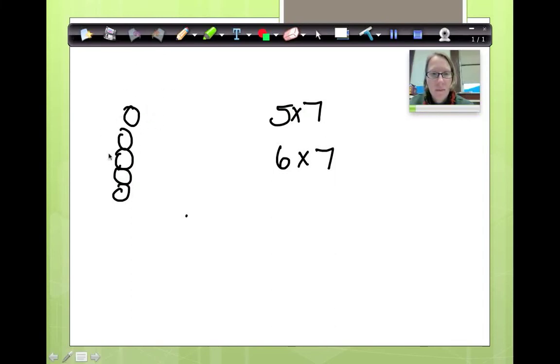This is our 5 sevens. We added 2, 3, 4, 5 sevens, and then we added another 7, and now we have 6 sevens.